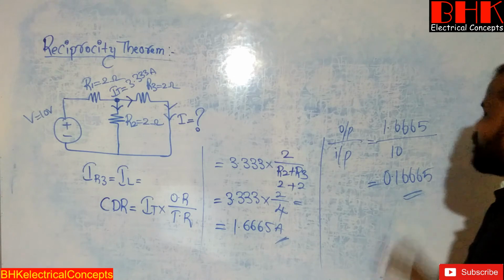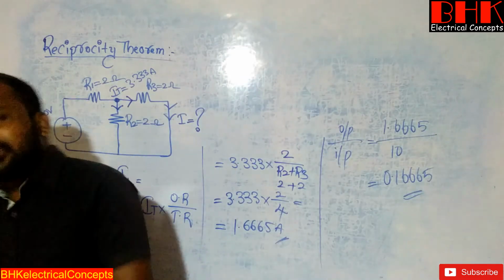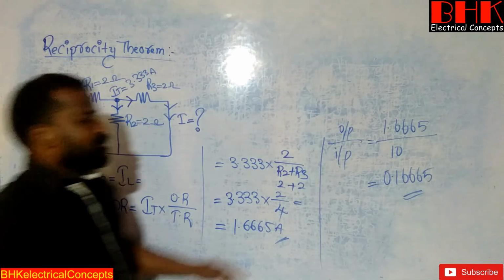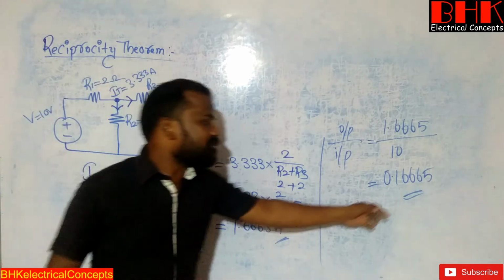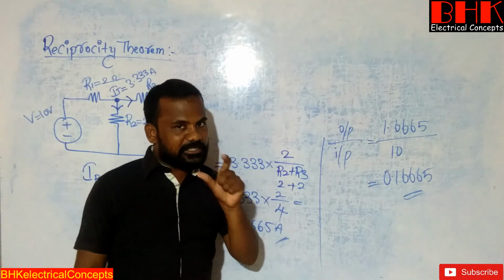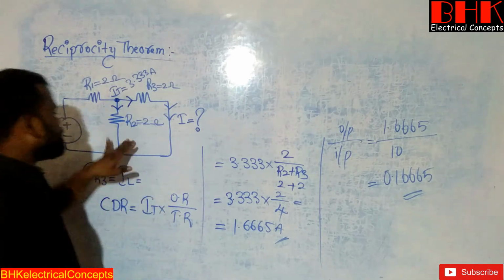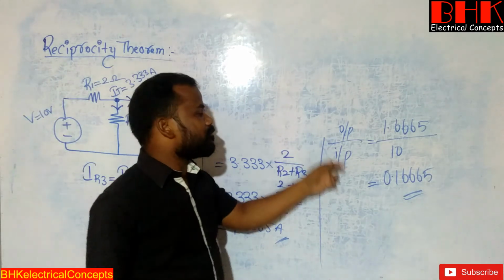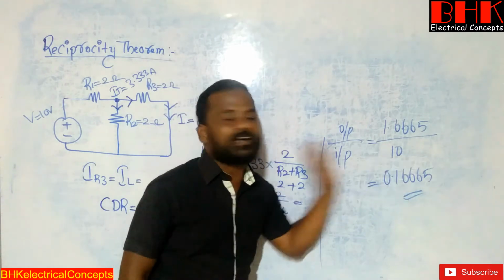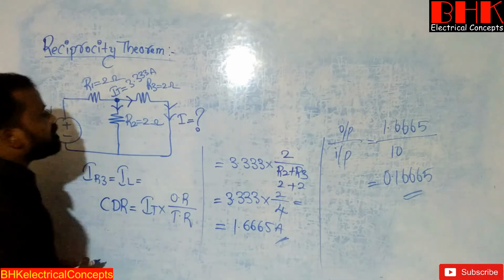This is the ratio in case number 1. In case number 2 we also need to get the same ratio, then only the reciprocity theorem will be satisfied. Clear? In case number 1 we got the ratio output by input equal to 0.16665. Now go for case number 2.